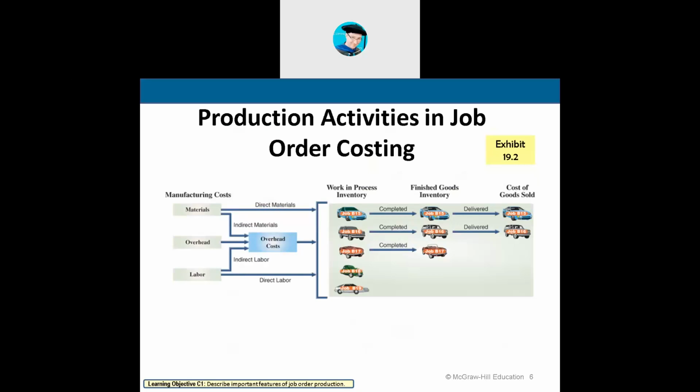In manufacturing, we know that in order to build anything, create anything, we have direct materials, direct labor, and factory overhead. The factory overhead comes from related costs like indirect labor, indirect materials, and a little bit of other costs that we cannot directly trace to the process.